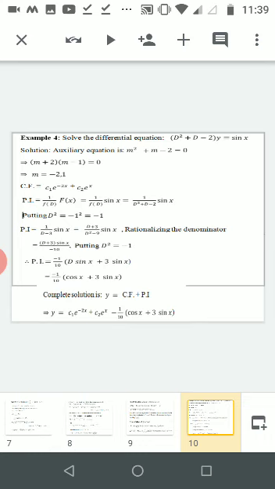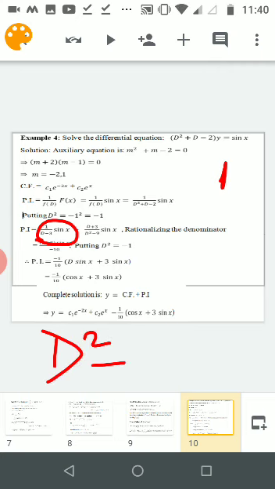Here you have a problem that's given. You can go through this problem and check to see how you find the particular integral. If you look at it over here as well, you have 1 upon D minus 3 sine x. What is the number attached to x? The number attached to x is 1. So D square will have to be replaced by minus 1 square, or in other words, by minus 1.